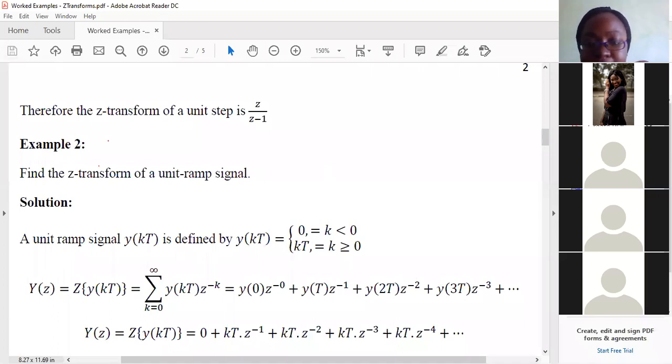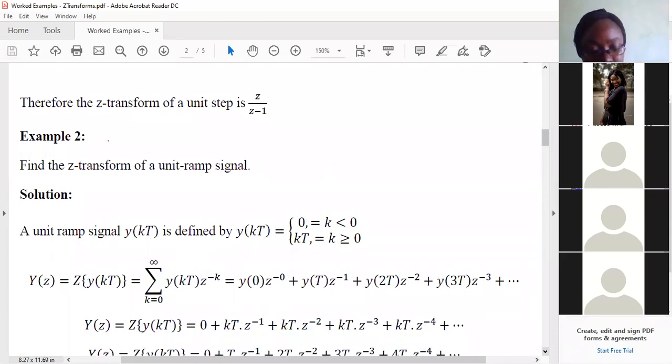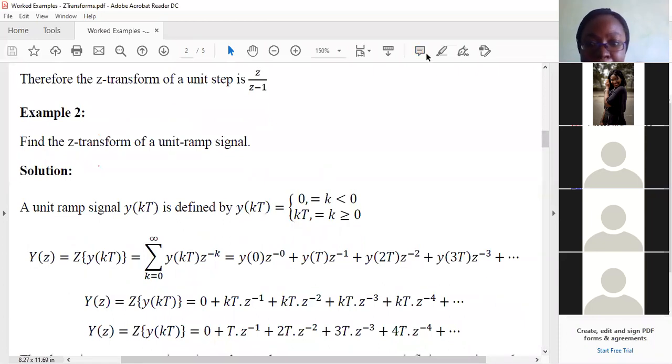I just have like 6 more minutes, so once this session expires, I will book another one where we complete it. The second example is to find the Z transform of a unit ramp signal.